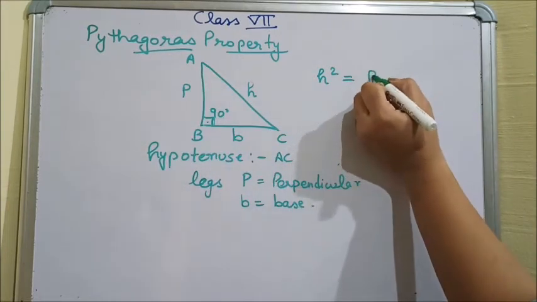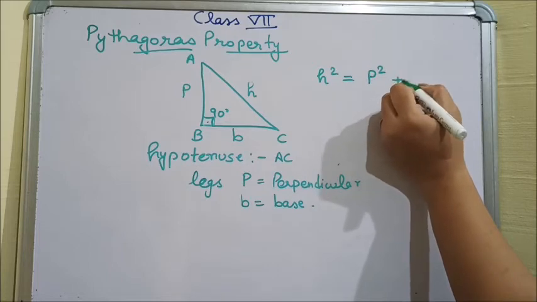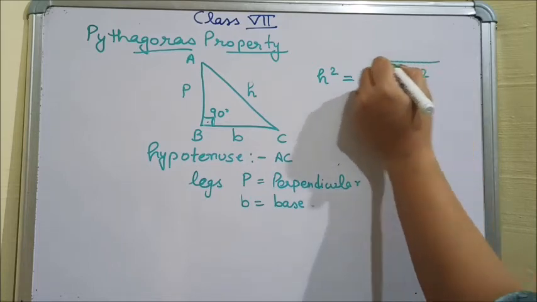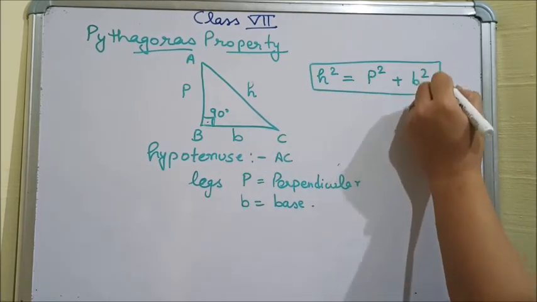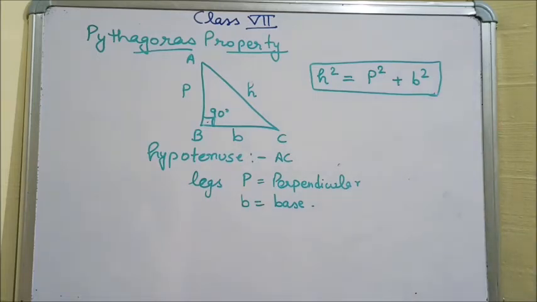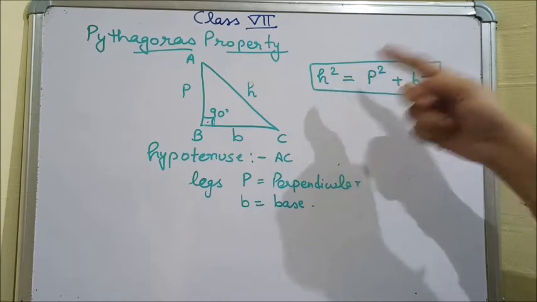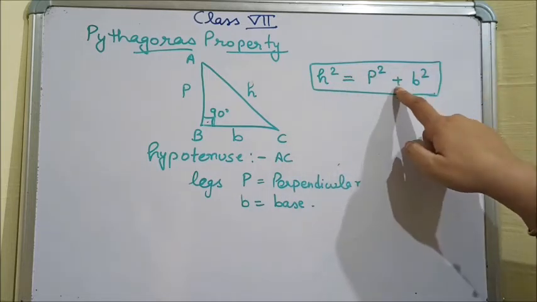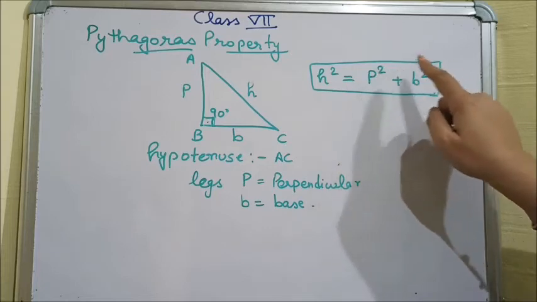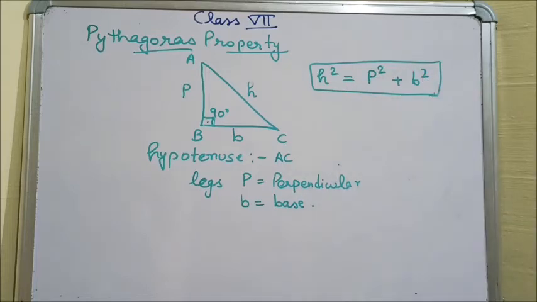Two legs means the square of the perpendicular plus the square of the base. This is the Pythagoras property. I am repeating it again: the square of the hypotenuse is always equal to the sum of the squares of the perpendicular and base. This is applicable on all right angle triangles.